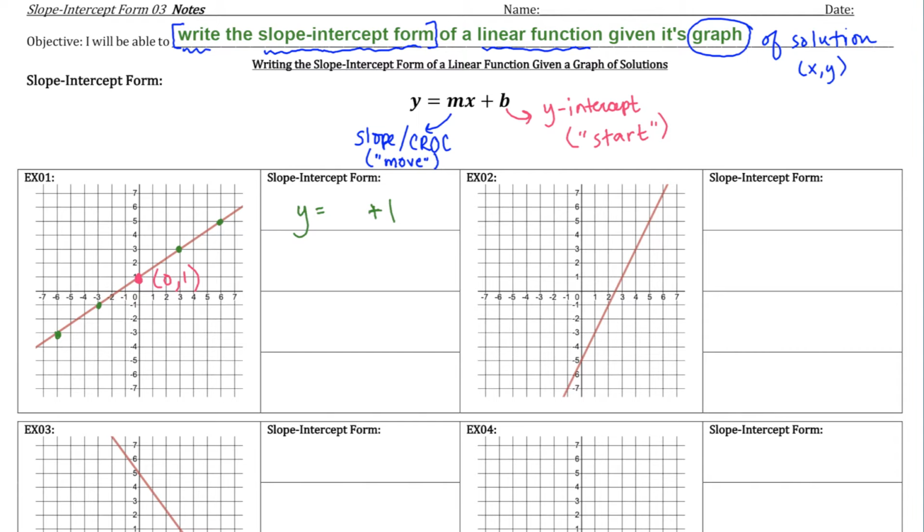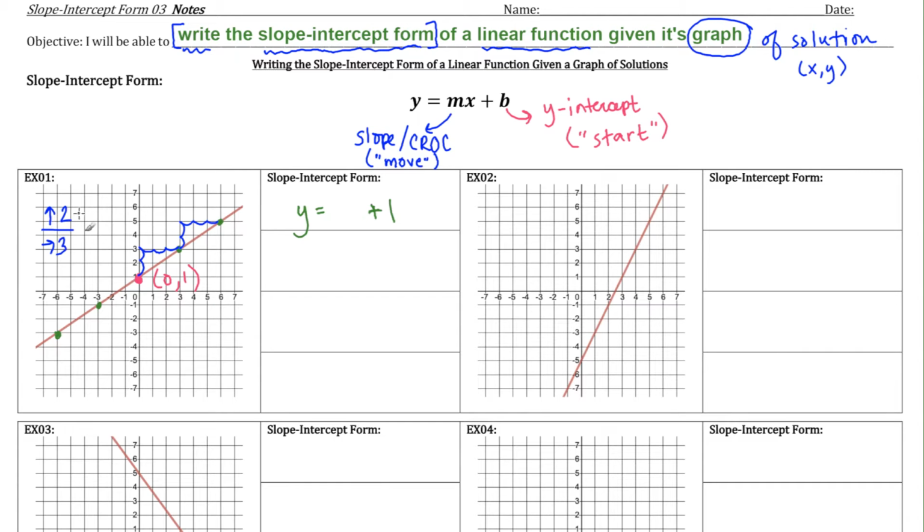Okay, so I have some nice points, and I will see how much I have to go up. So I go up 2, right 3. So up 2, right 3. Let's make sure that's correct. Up 2, right 3. Okay, cool.